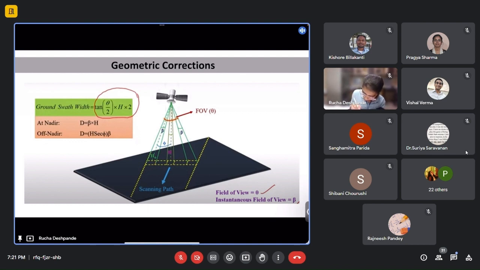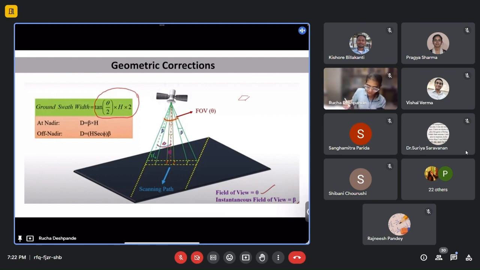So this is IFOV, and when the sensor is looking down at the nadir, there would be no distortions in the pixel, but away from the nadir, the pixel would get distorted. So the pixel size might increase or decrease depending on this angle.